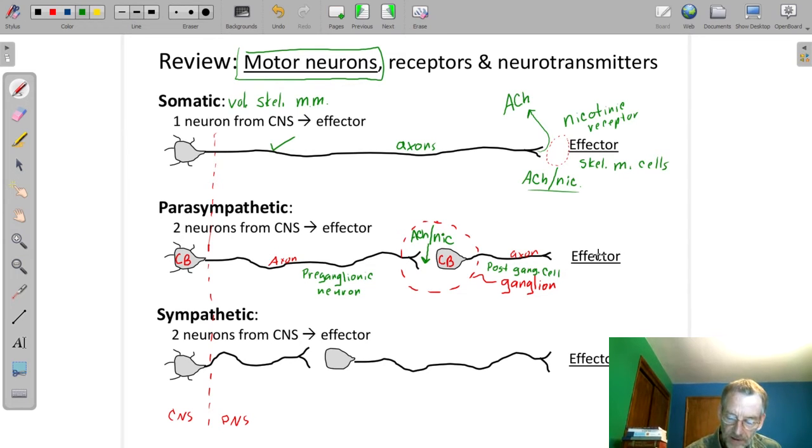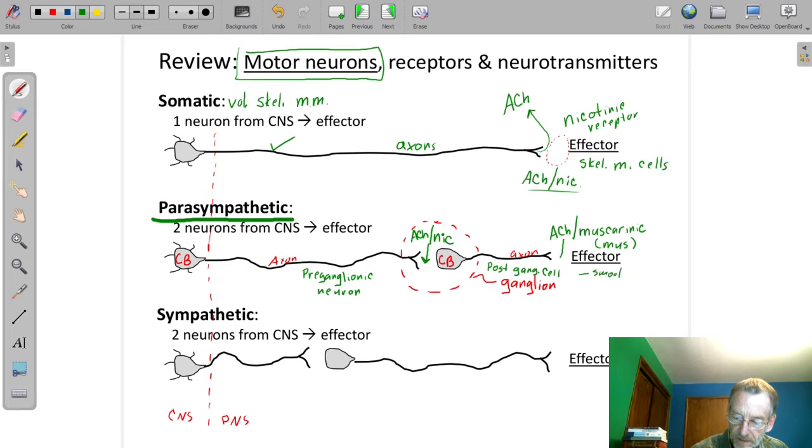The effector now for the second neuron, keep in mind that we're dealing with parasympathetic right now. The second neuron also releases ACH. But it is released onto a muscarinic receptor, which is sometimes just abbreviated as MUS. Okay? Remember what the effectors are here.